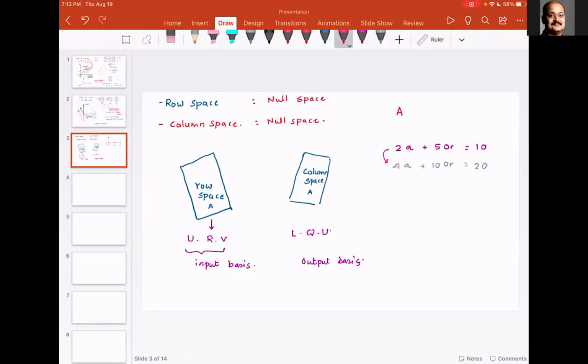Now, in other words, believe it or not, if you have this matrix 2, 4, 5, 10, this has only one independent row, which is equal to one independent column. And can someone tell me what I'm going to say next?